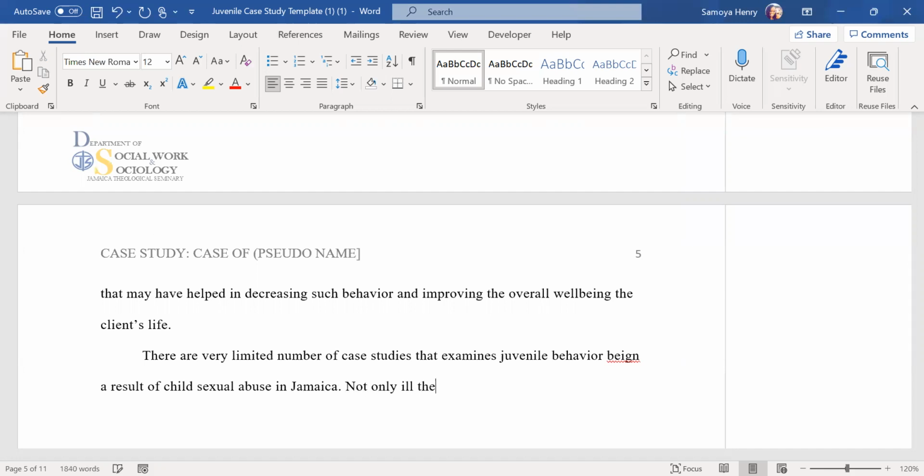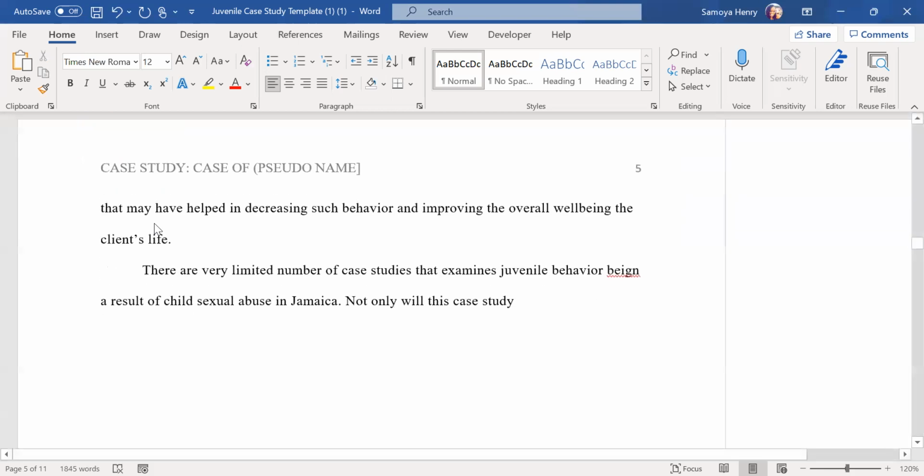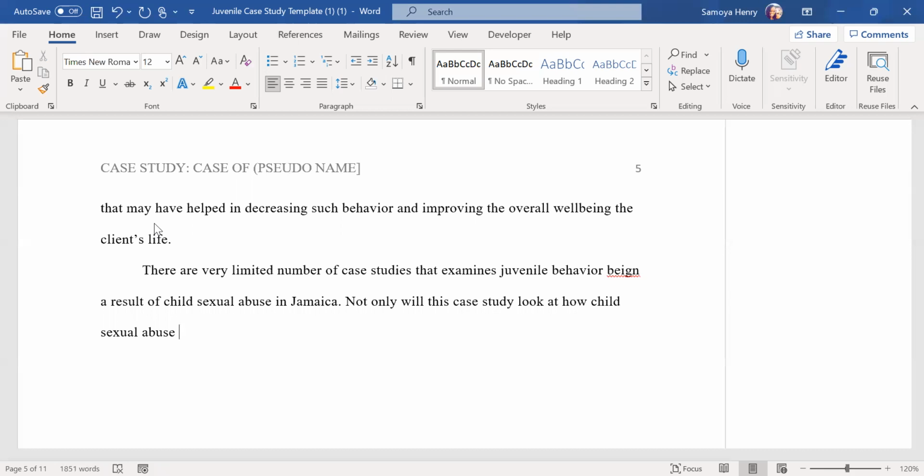Not only will this case study look at how child sexual abuse impacts the behavioral development of a child, but it provides a cultural context as the subject of analysis is in Jamaica.